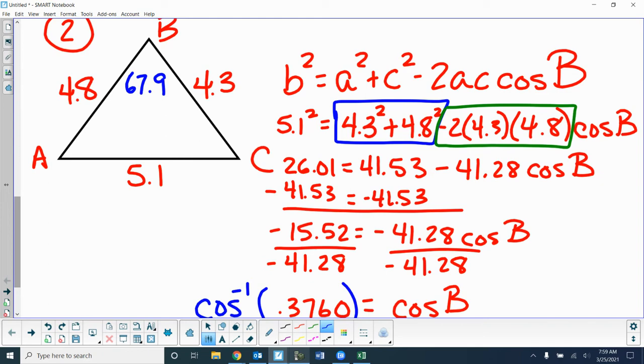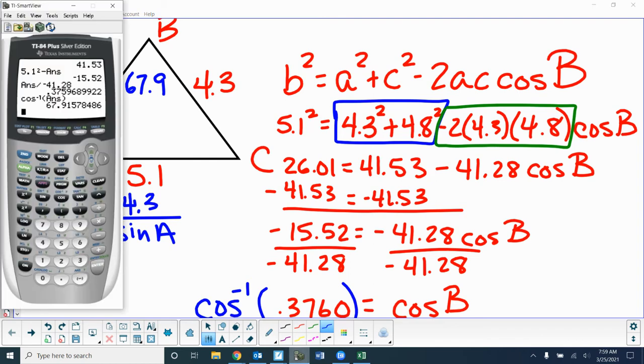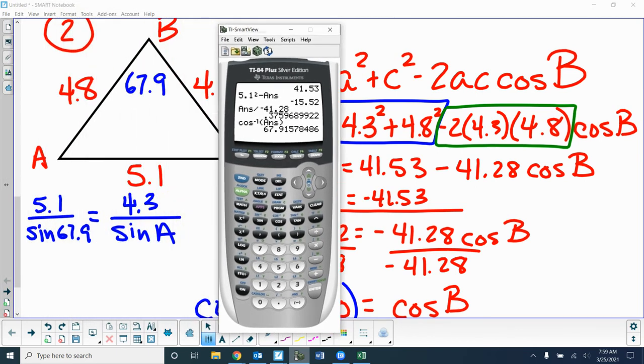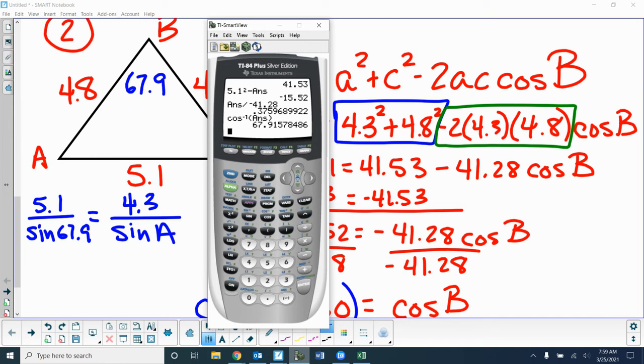Okay, so I'm going to go 5.1, side B, over the sine of angle B, 67.9, equals 4.3, side A, over the sine of angle A. So we'll cross multiply and divide. I'm going to go 4.3 times the sine of 67.9, close it up, divided by 5.1. That gives me that decimal.